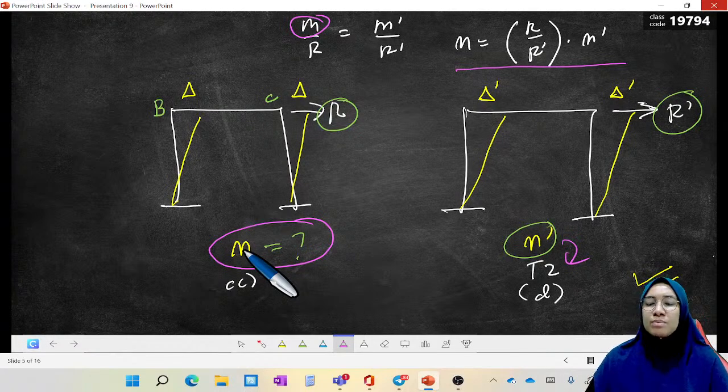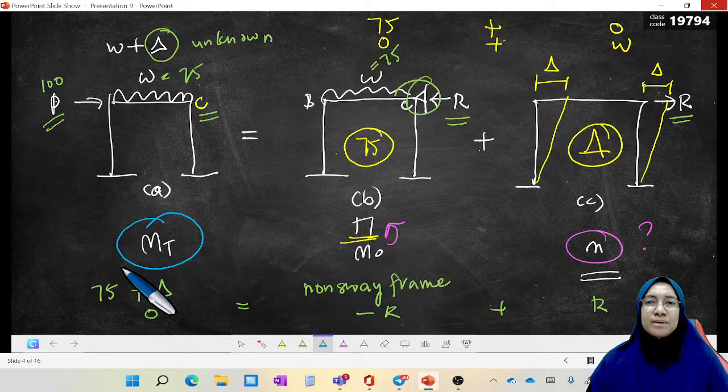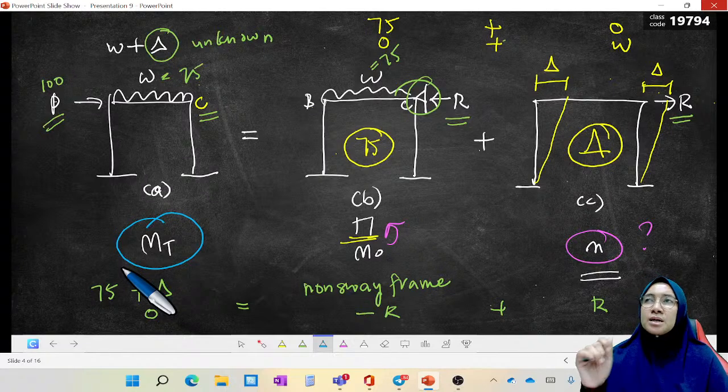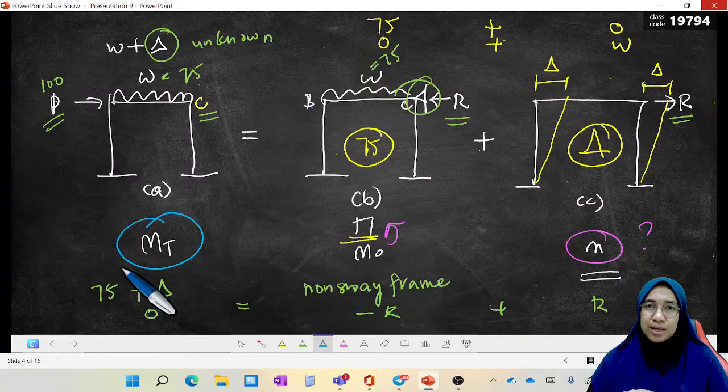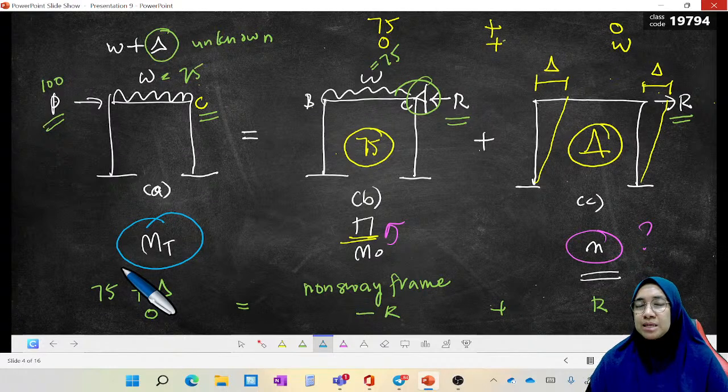Because from the equation previously, what we want is the final end moment, or the total end moment, considering both external loading and sidesway. So it is the total value or final value, doesn't matter, both can be used.